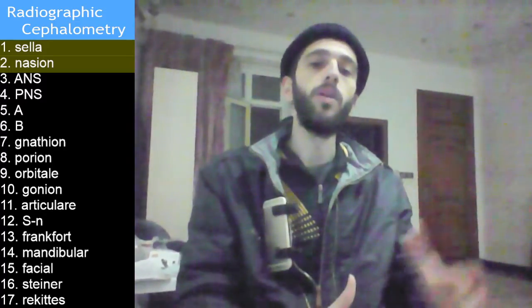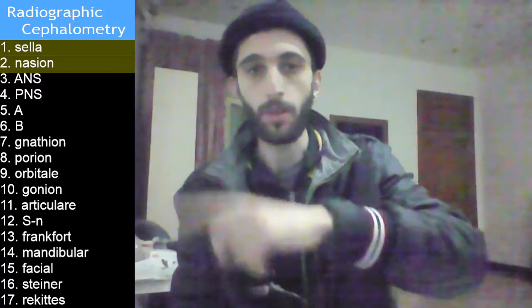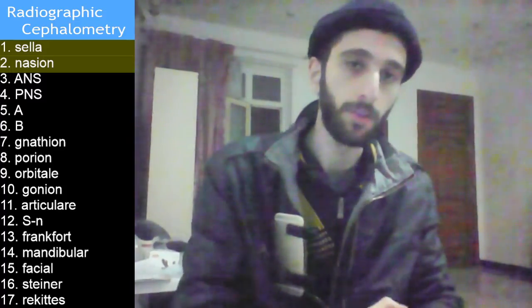By the way, the nasion is considered one of the unilateral points that we will present to you, and there are other bilateral points that also exist on the radiographic cephalometry.